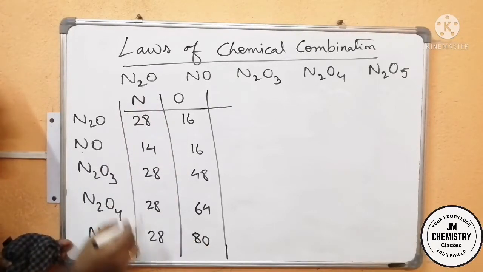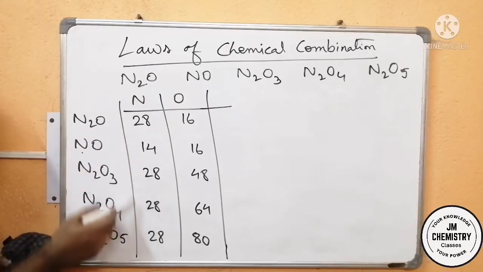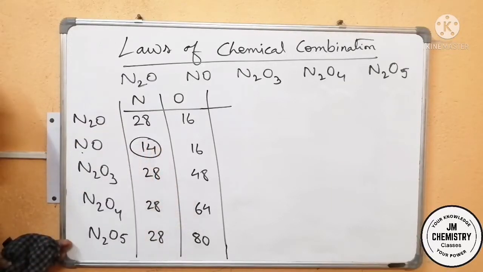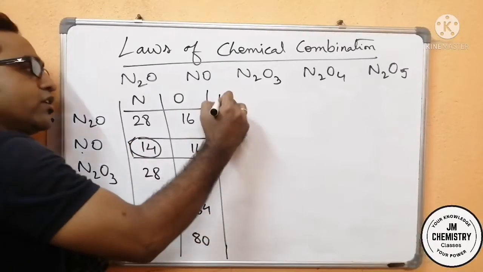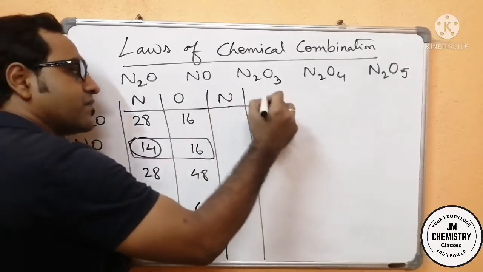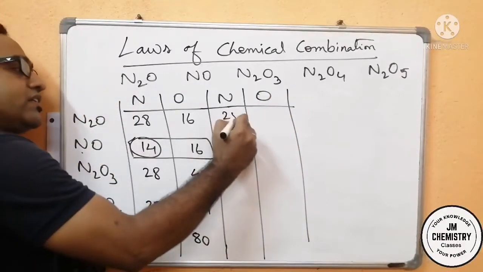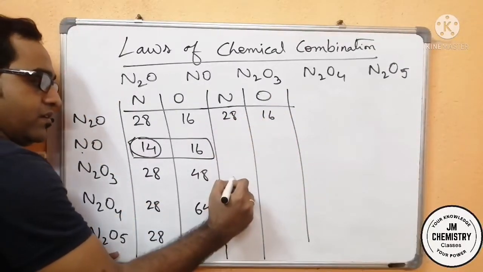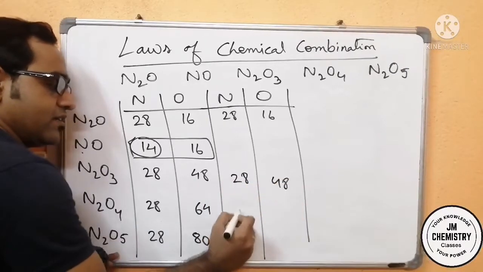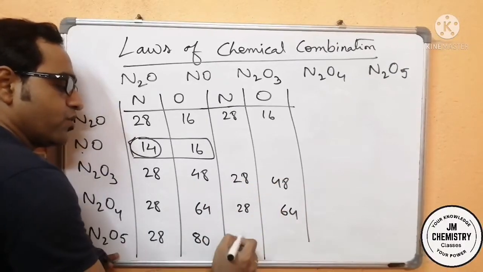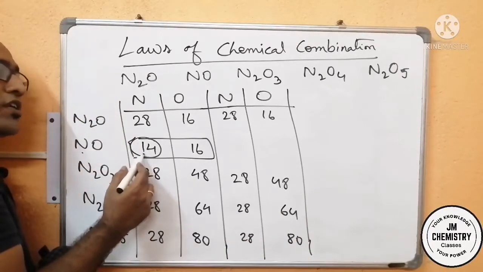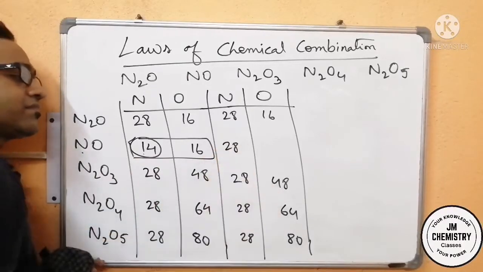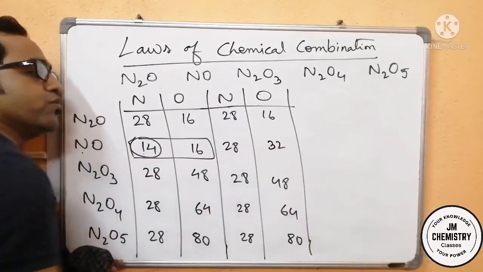Here you can see the mass of nitrogen is fixed except for this one. So make this fixed at 28. We will multiply this part by 2, so the new numbers are 28, 16, 28, 48, 28, 64, 28, 80. Multiply 14 by 2 to get 28, and 16 by 2 to get 32.